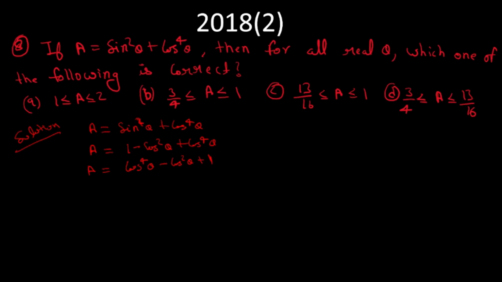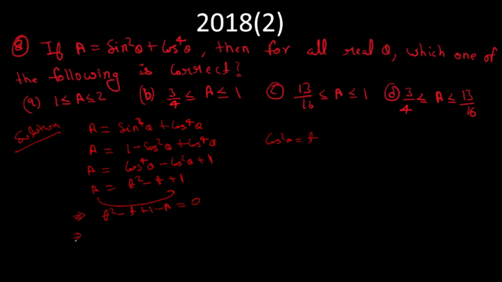I put cos square theta equal to t. So we get t square minus t plus 1, and moving a across, t square minus t plus 1 minus a equal to 0.